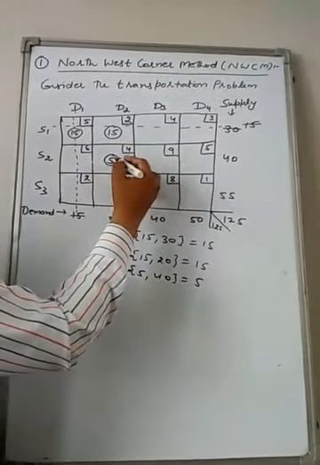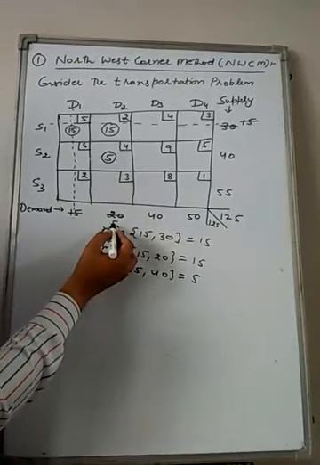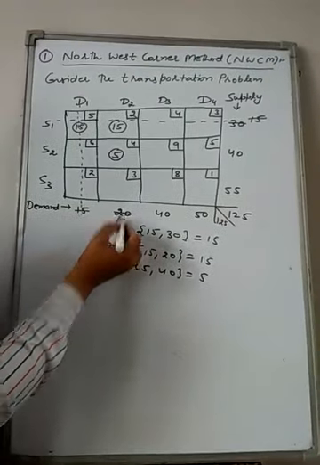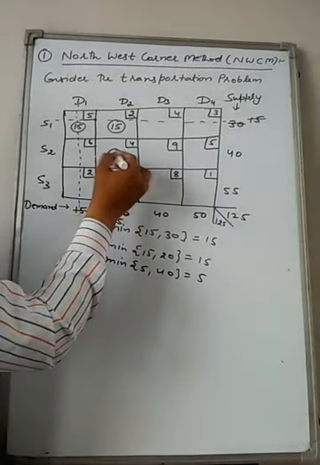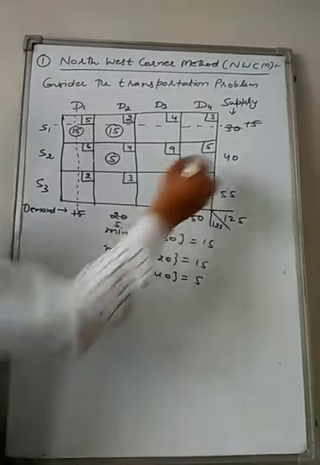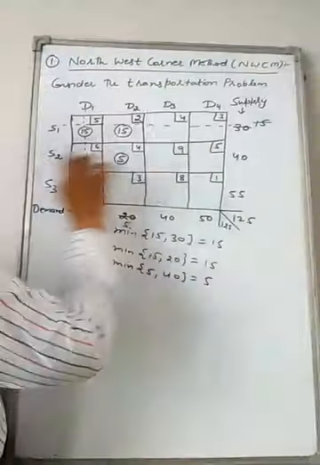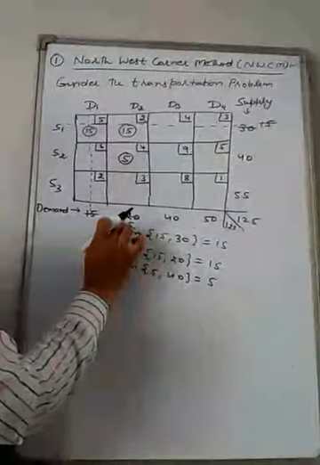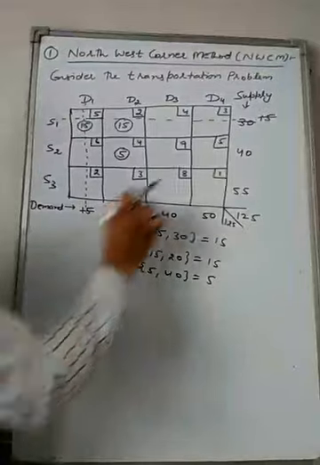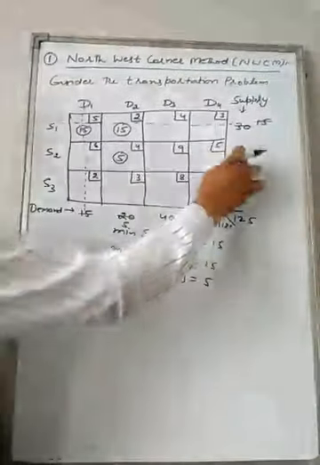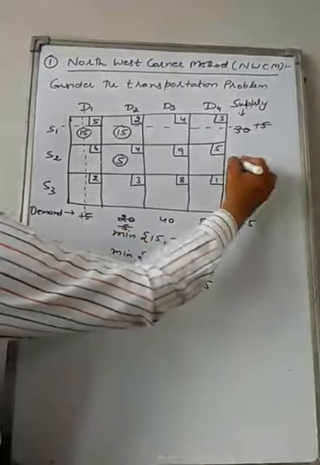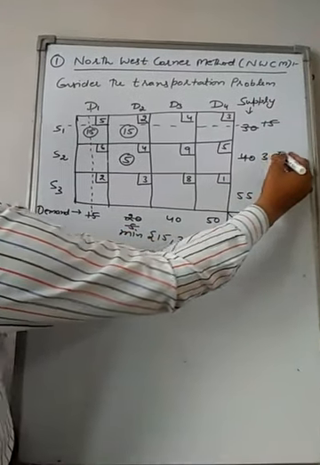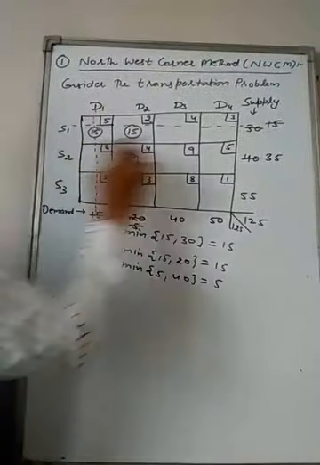After the allocation of 5, the remaining supply at source S2 is the difference of these two. The difference of these two is 35. Therefore, the supply remaining at source S2 is 35.